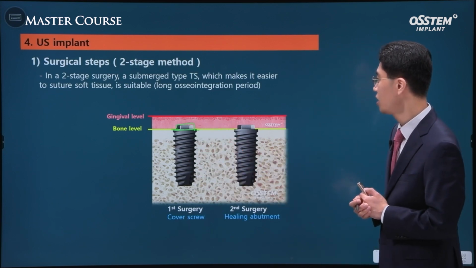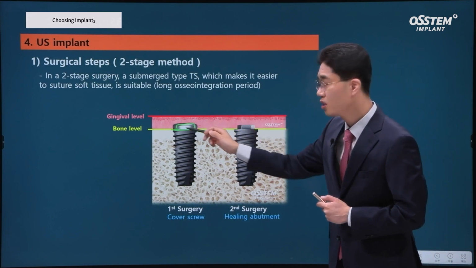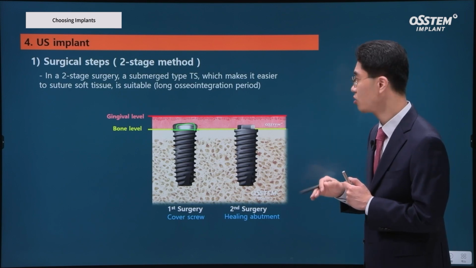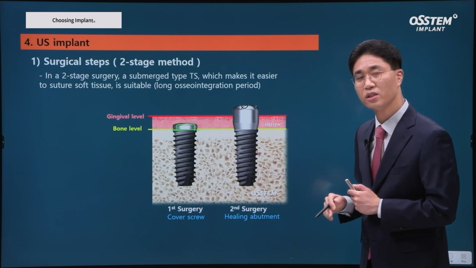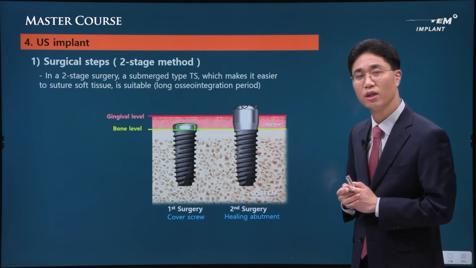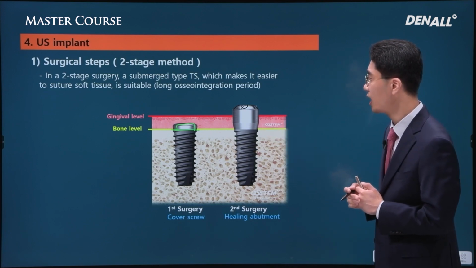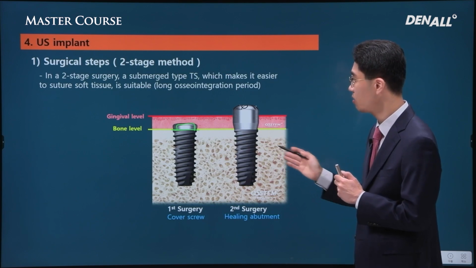Implant is placed as shown. You can submerge it by connecting a healing cap, or you can connect the healing abutment and do one-stage surgery. Depending on the situation, the surgeon needs to determine whether one-stage or two-stage surgeries need to be done.